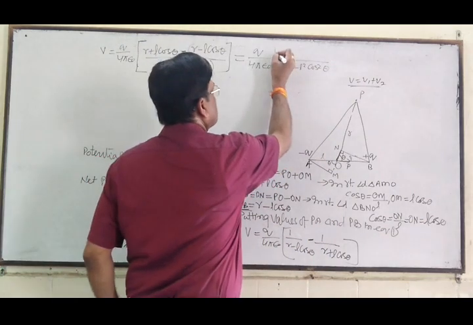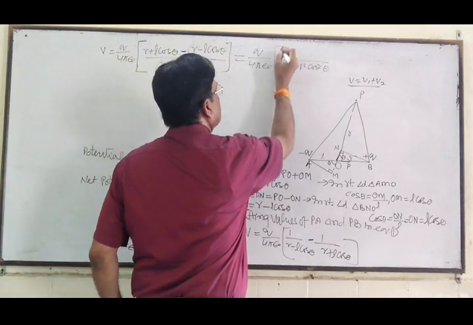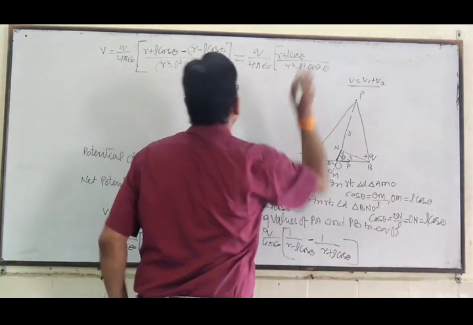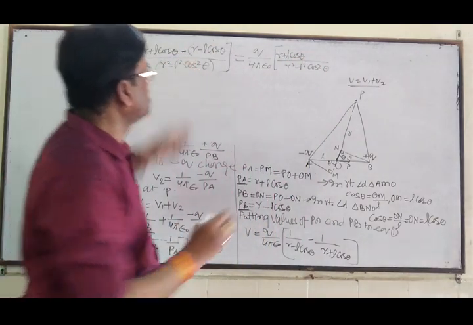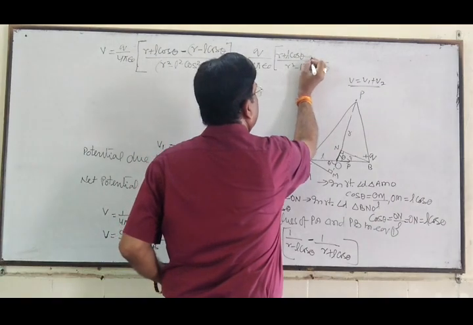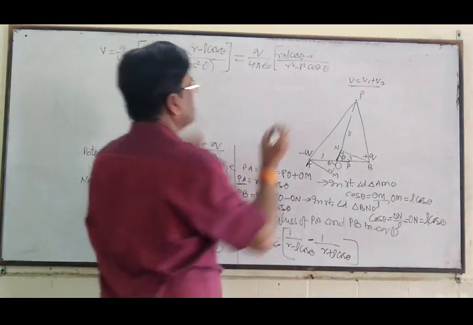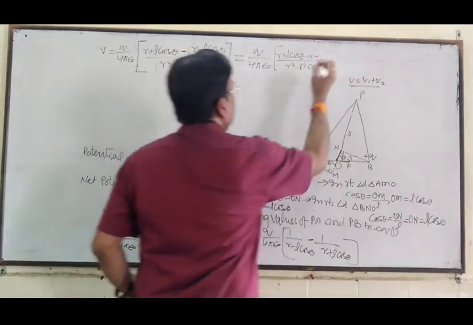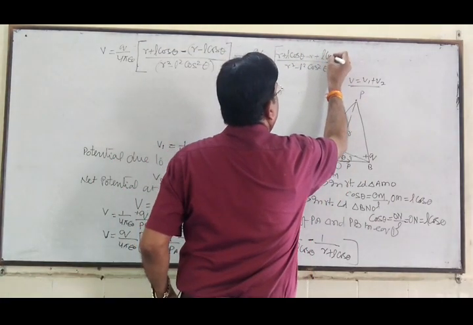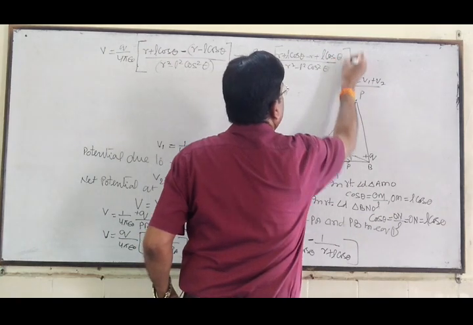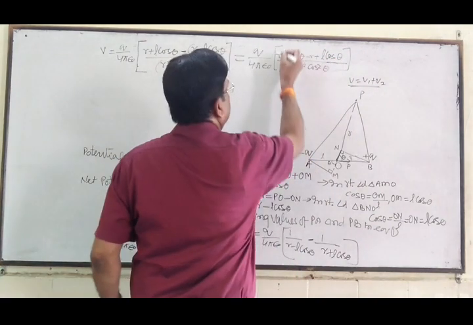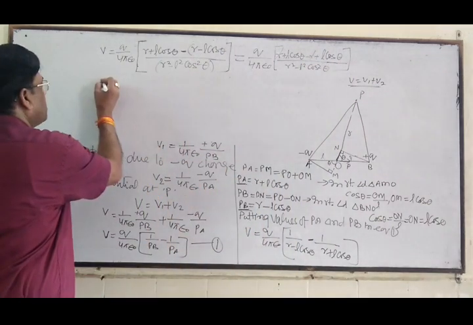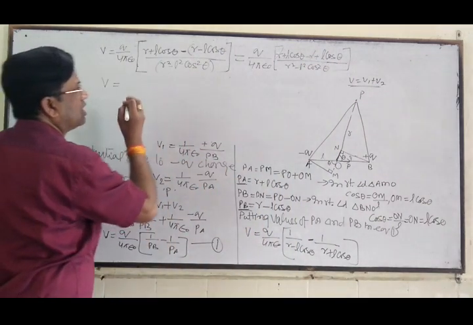Then R plus L cos theta, open the bracket, and this is minus R and this is plus L cos theta. This minus R, one cancels.